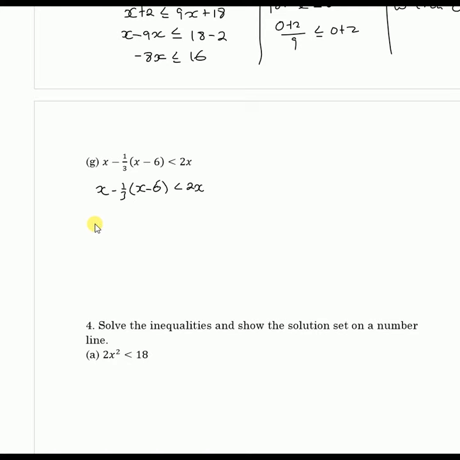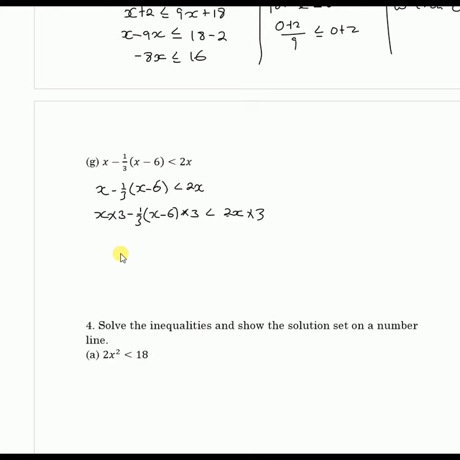So we shall have x times 3 minus a third into, now the term in bracket is one block, so we shall multiply that block also by what? By 3. It is less than 2x times 3. Multiplying through by 3.